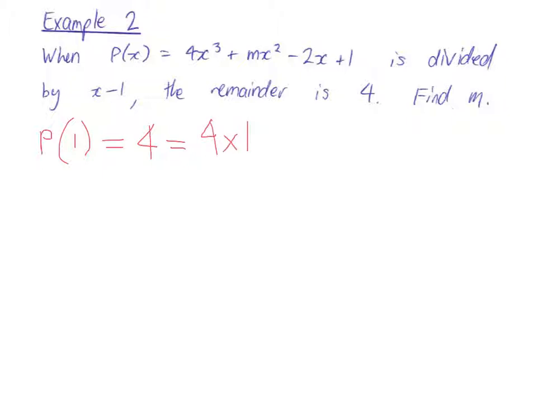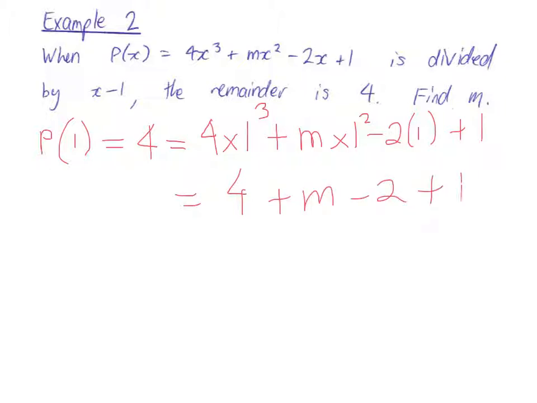I'll just show you that substitution. Plus m times 1 squared minus 2 times 1 plus 1. So we are left with 4 plus m minus 2 plus 1 equals our remainder of 4. And solving that equation, you'll get m equals 1.